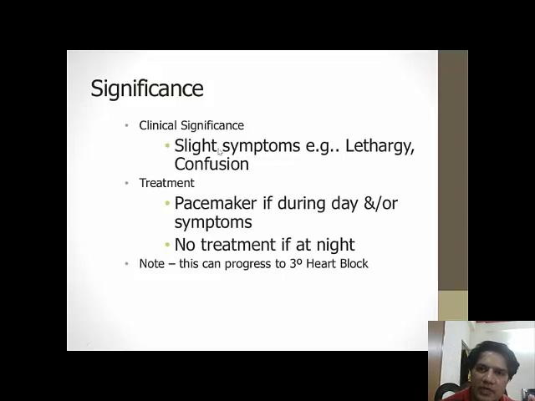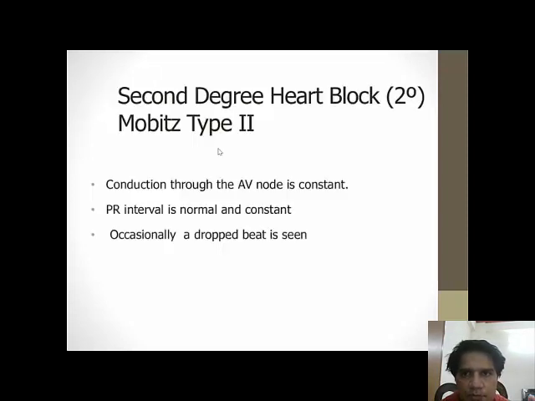Clinically, you might have slight symptoms. Generally, a pacemaker is not required, but you have to watch for drug history, electrolyte disorders, hypothyroidism, and ischemia, and it can progress to third degree heart block. So I will be very careful and keep him on monitor. While primary PR prolongation is not a cause of much concern, obviously we should look at the causes.